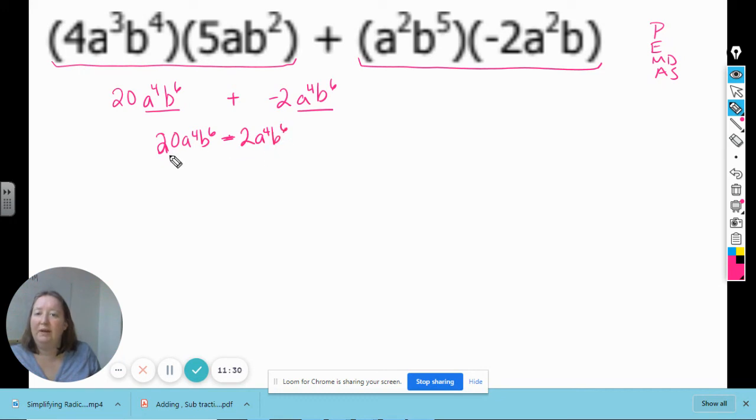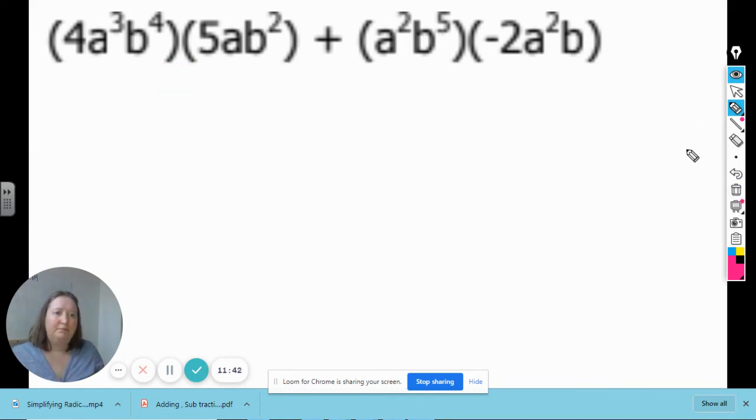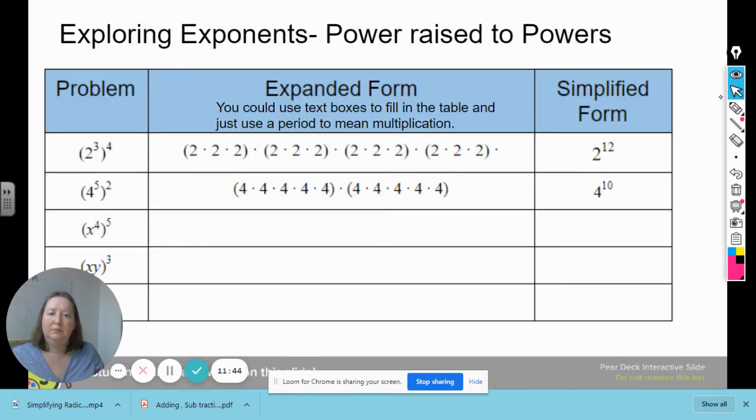So if I have 20 of them, minus 2 of them, that's 18 of them. And what are they? They are a^4 b^6s. Okay? Okay, that's okay. We're going to stop here.